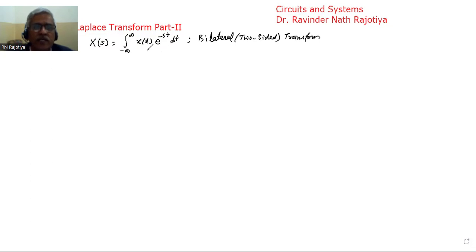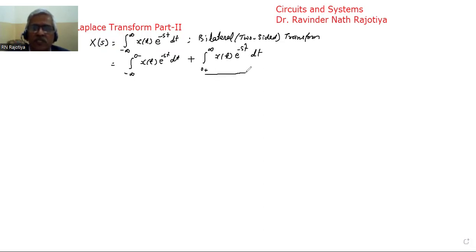I know that I can break this integral into two parts and write it as the integral from minus infinity to 0 minus of the given signal x(t) e power of minus st dt, plus the integral from 0 plus to infinity of x(t) e power of minus st dt.